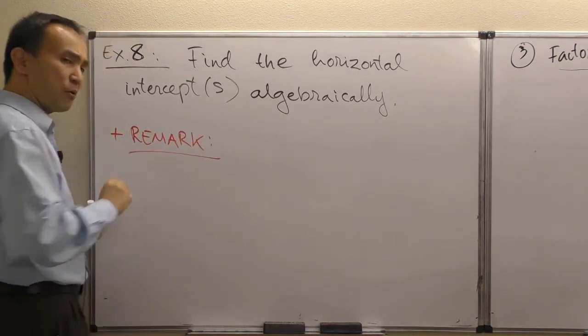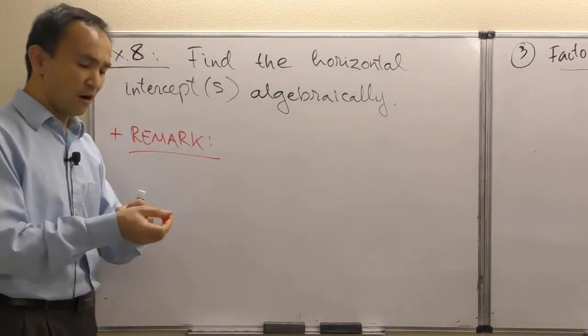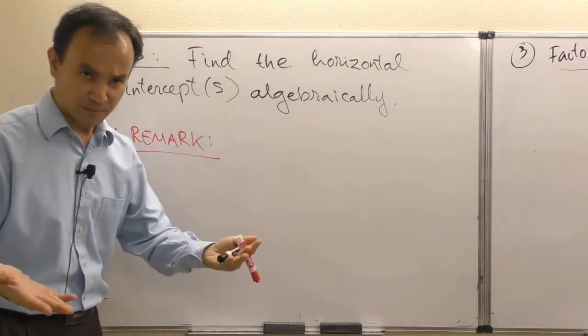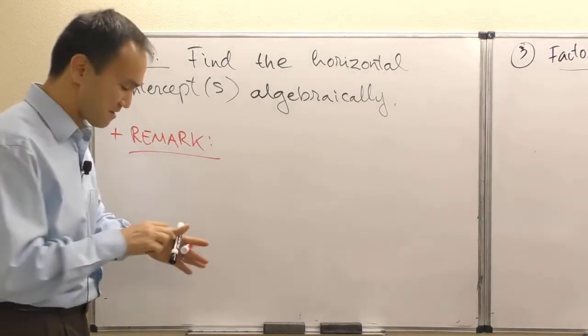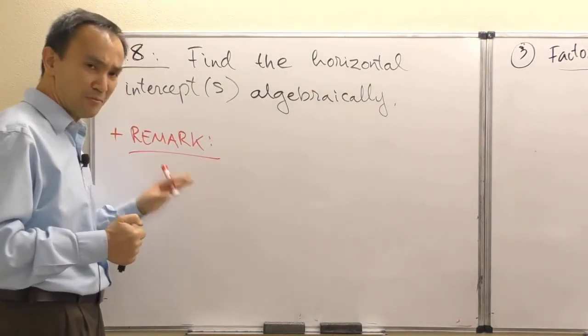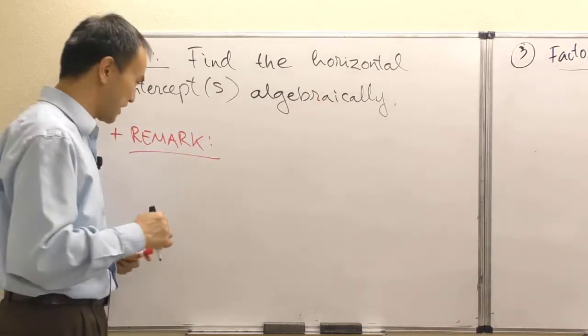I feel it's important, that's why I'm writing it in red ink. But it all depends on the more experience you work with, the sooner it's going to stay with you. So I don't really force anyone to memorize this remark right here. It's another remark after what I've made on the other board.